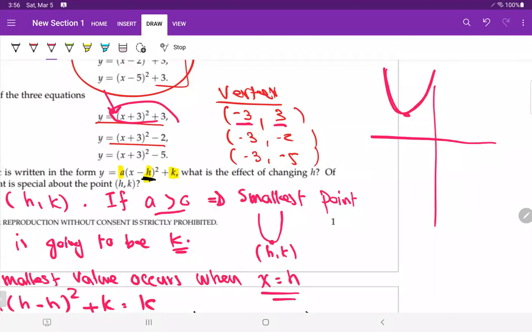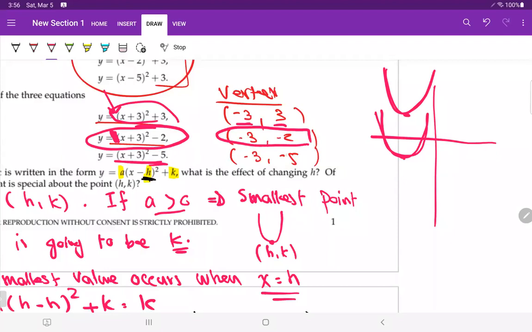The second one, you look at this and tell me the vertex is negative 3, negative 2, and because it's positive here, it opens up. The same thing here: the vertex is negative 3, negative 5, and it opens up because this is positive.